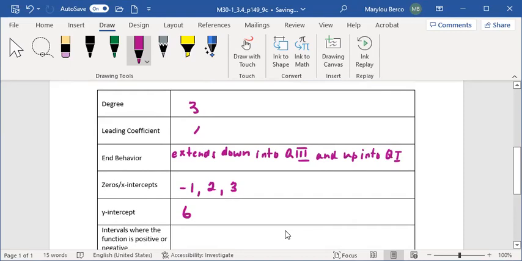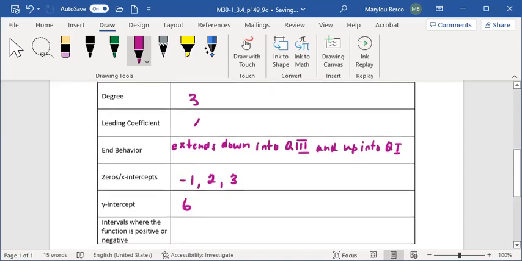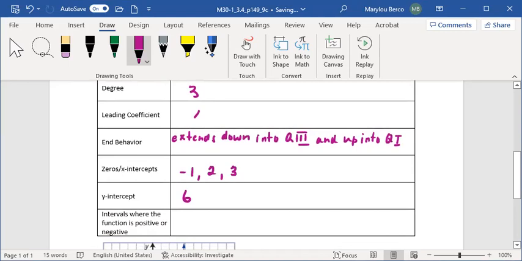And the intervals where the function is positive or negative. So the positive values of f of x exist when x is between negative 1 and 2, and when x is greater than 3.